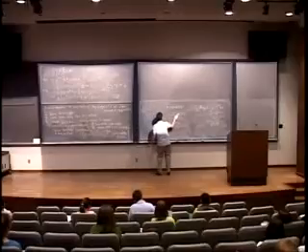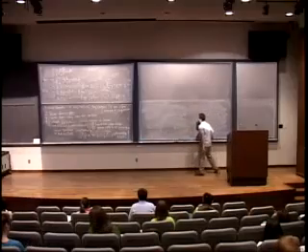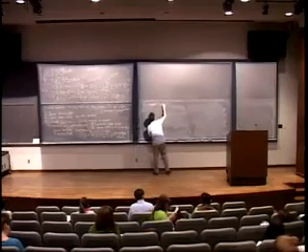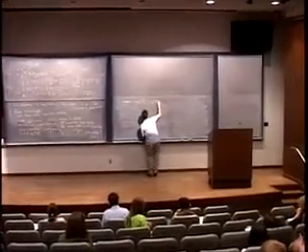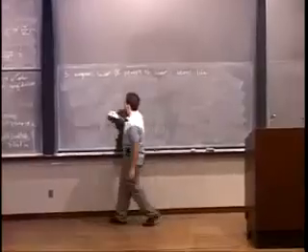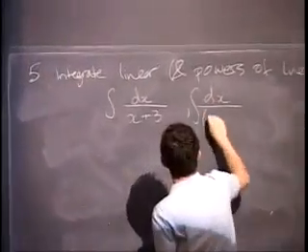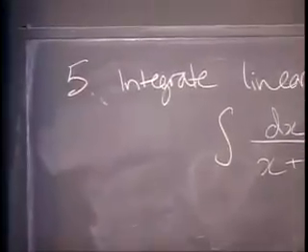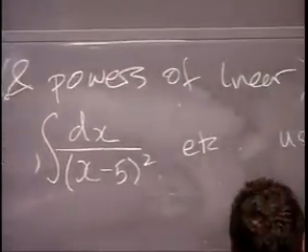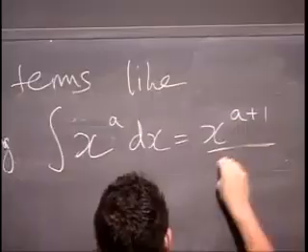So step 5 is going to be just integrate the linear parts. Step 5, integrate linear terms, so linear and powers of linear, like anything that you have floating around, like dx over x plus 3, dx over, I don't know, x minus 5 all squared, etc. And that's just done essentially using the power rule, x to the a is x to the a plus 1 over a plus 1.